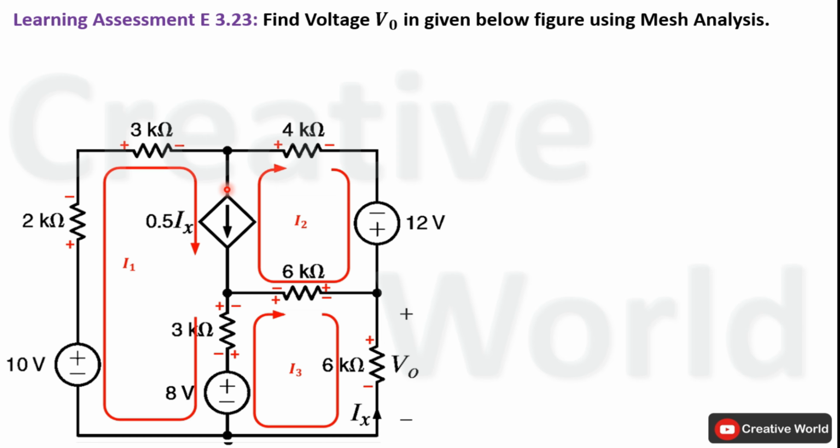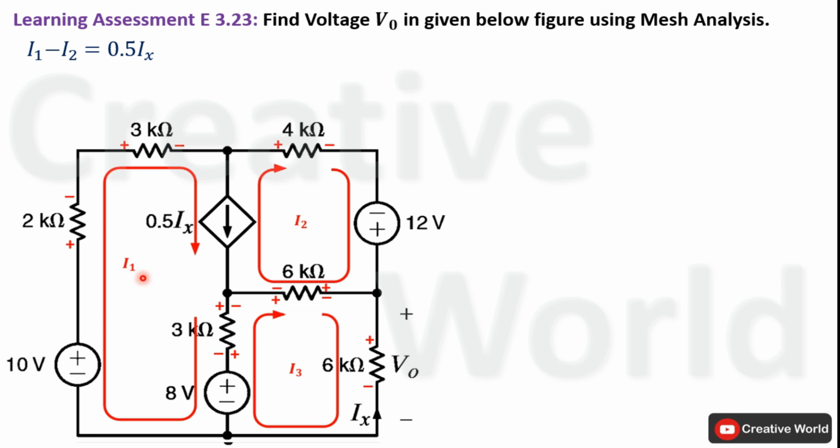That's why we have taken the difference of these 2 currents. So we can write this statement in mathematical form. The difference of these 2 currents, I1 minus I2, will be equal to the value of this dependent current source, 0.5 times Ix.